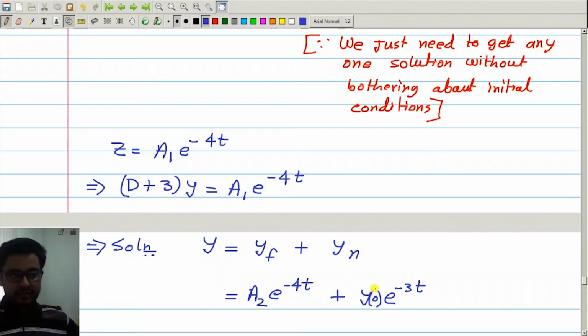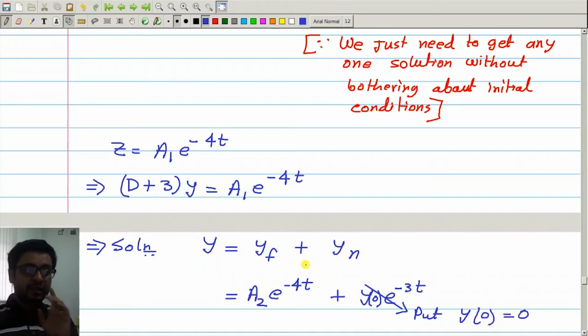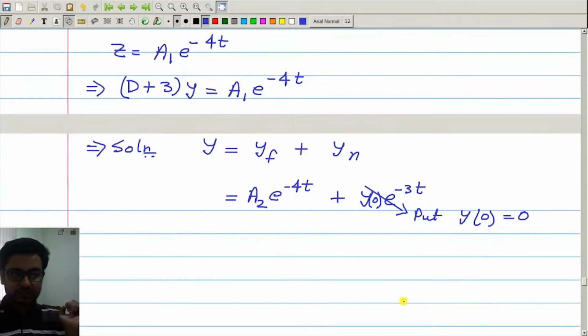Now again we can put this y0 equal to 0, because we need to get only one solution that satisfies that d plus 3 of y equal to this right hand side, and we need not bother about the initial condition right now.